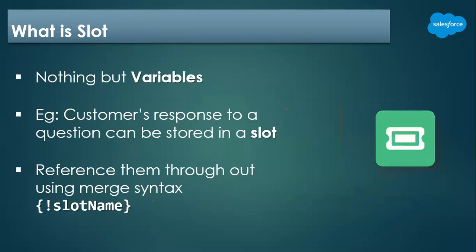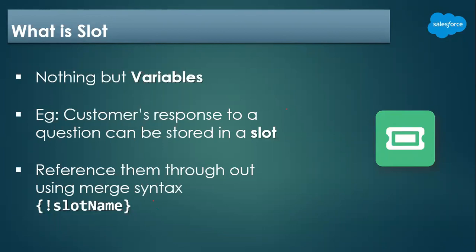Now the next is slot. Let's get down deeper. The next integral part of a bot is a slot. In simple words, it's a variable to store the answers to the questions that the bot had asked.